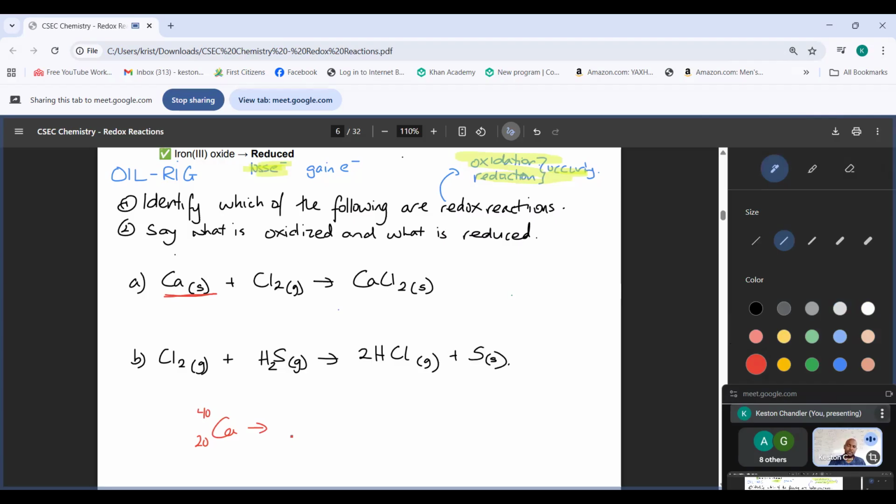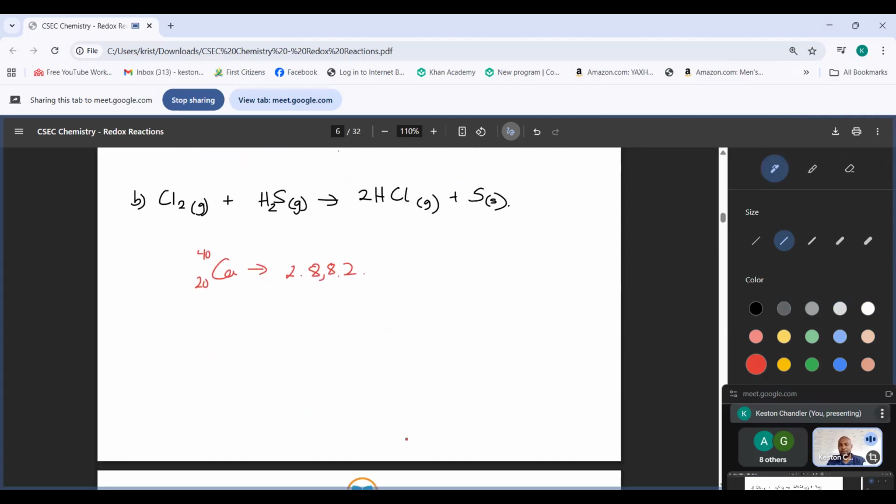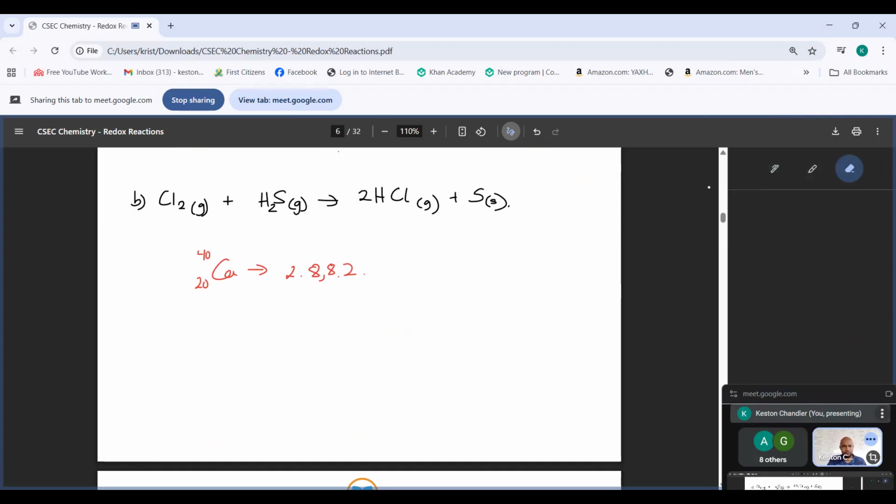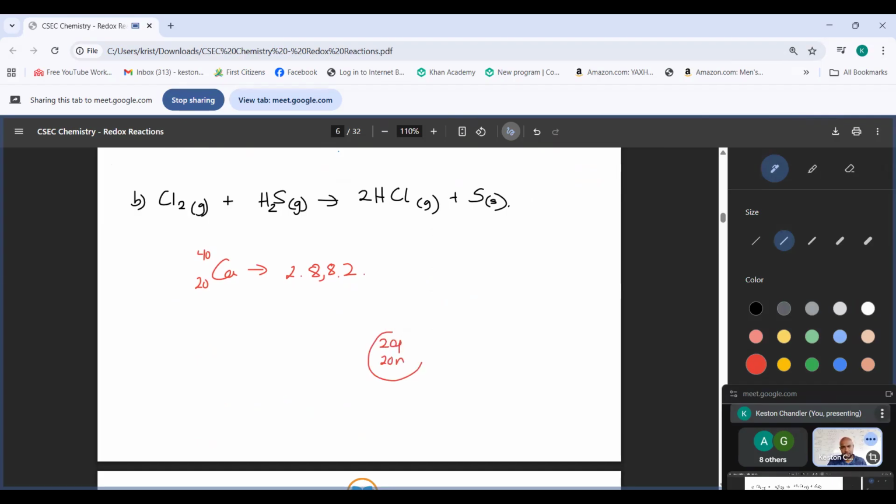Remember, we did the electronic configuration of calcium: 2, 8, 8, 2. This means that calcium has 2 electrons on its outer shell. Inside its nucleus, you have 20 protons, 20 neutrons. I'm just going to draw the outer shell, right? The outer shell has 2 electrons.